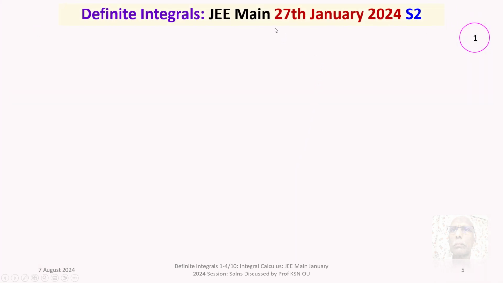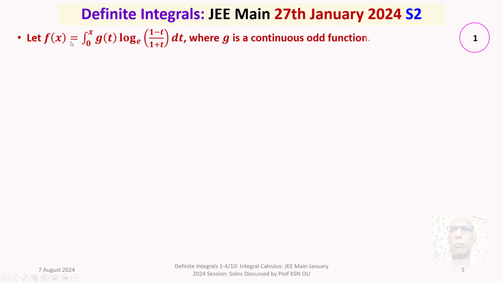This question has appeared in the JEE Main exam held on 27 January 2024 in the second shift. The given question is: let f of x be equal to the integral from 0 to x of g of t log base e of (1 minus t by 1 plus t) with respect to t, where g is a continuous odd function.